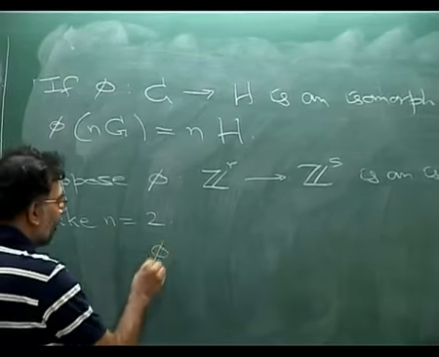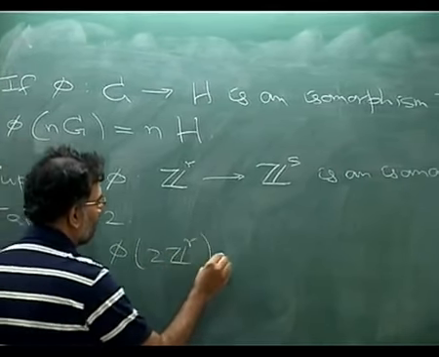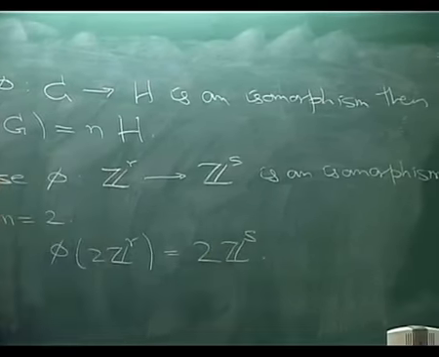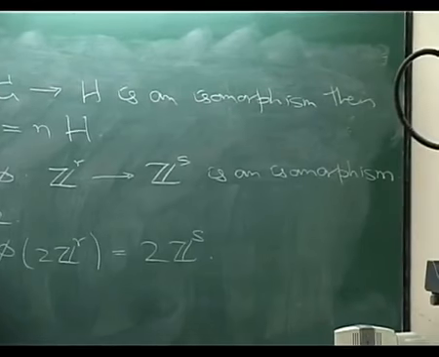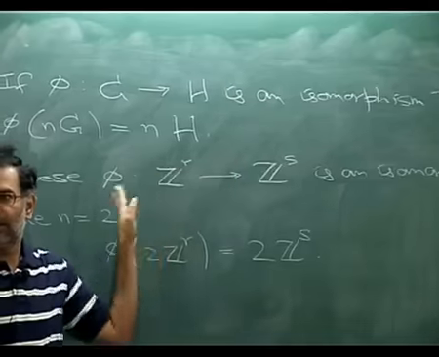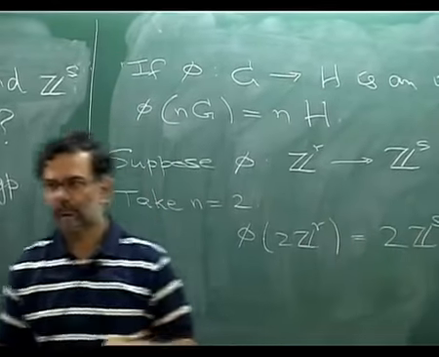And phi will map 2Z to the R into 2Z to the S. So here I have a subgroup here and here I have a subgroup there. This is an isomorphism. It takes this subgroup to that subgroup.